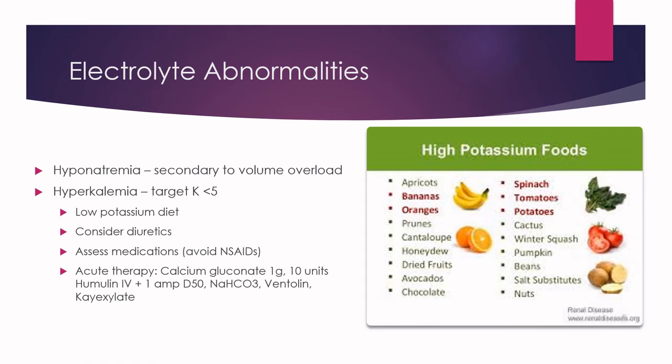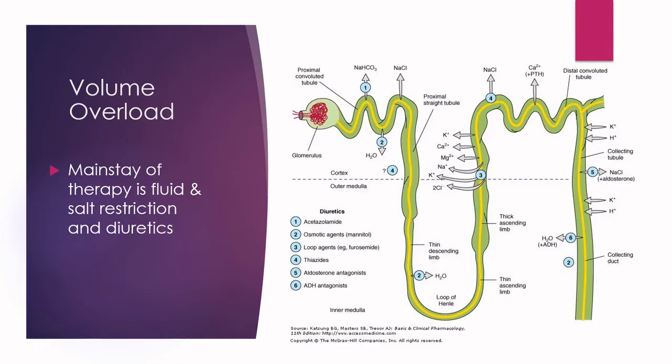Diuretics can also be used to enhance the renal excretion of potassium. Medications such as NSAIDs need to be avoided. And as a reminder from the first session, the acute therapy for hyperkalemia is calcium gluconate to stabilize the myocardium, shifting with insulin, bicarbonate, and Ventolin, and excretion through the GI tract with Kexalate.